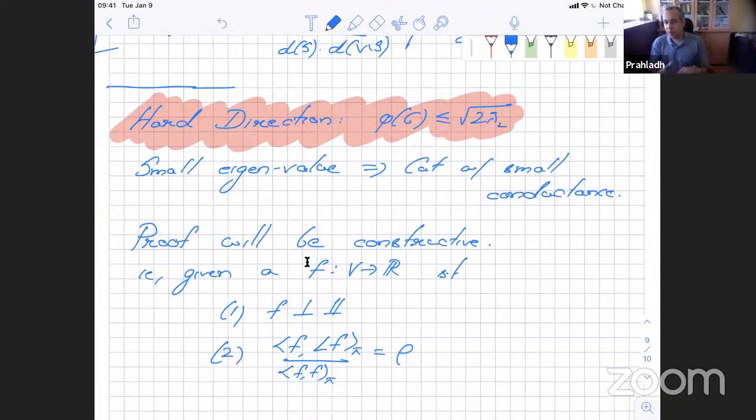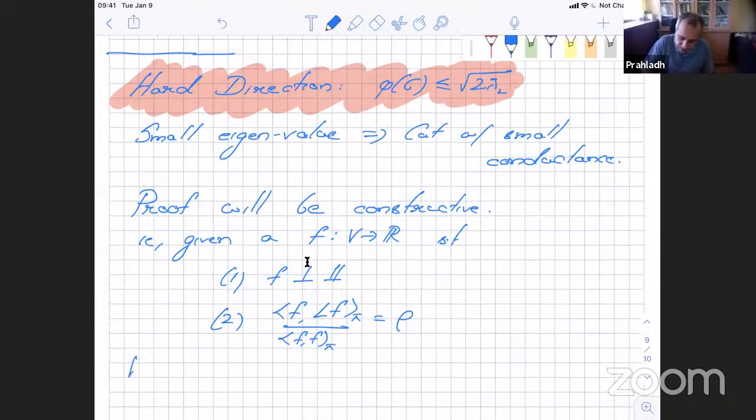And rho is small. So if rho is small, this is a witness to the fact that the second eigenvalue is small. The second eigenvalue is only going to be even smaller than this. We will construct a set S of vertices.